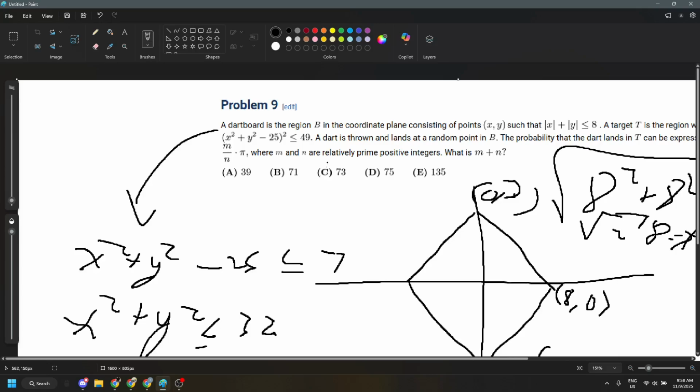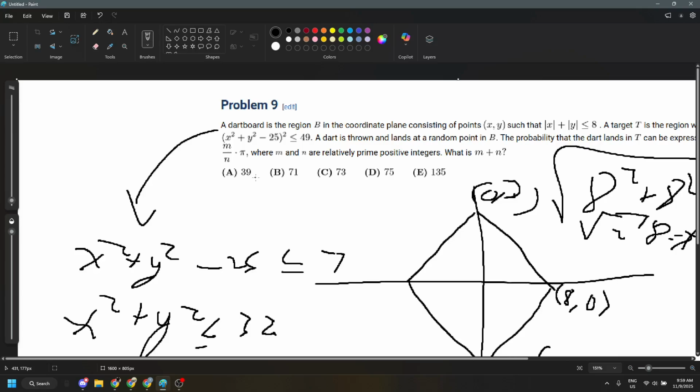Because here, this would be true if, for example, we did, how about 6 and 6, what would that be? 6 squared is 36, so 36 plus 36 equals 72. 72 minus 25 gives you 47, which would be 46. Oh no, you'd have to square that.